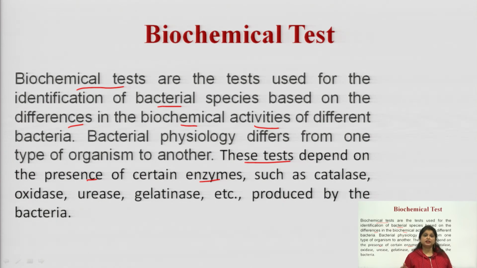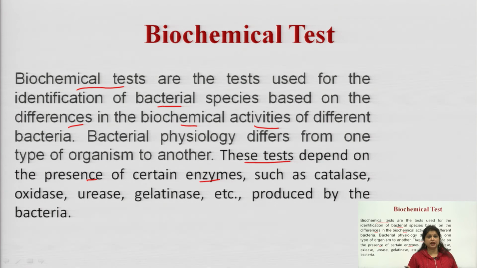Different kinds of bacteria release different kinds of enzymes, which may degrade or metabolize many products. So in a biochemical test, we analyze whether those bacteria are releasing such enzymes or not. Those bacteria will be identified by using biochemical tests.